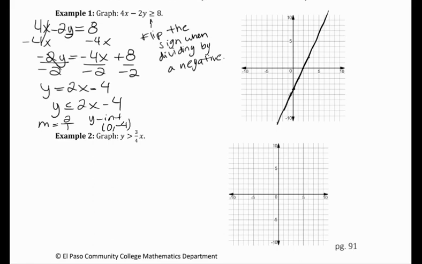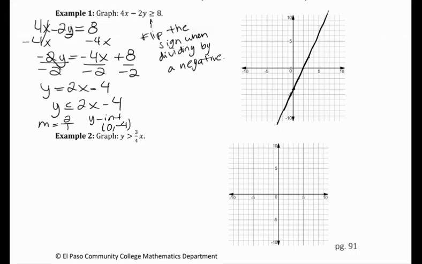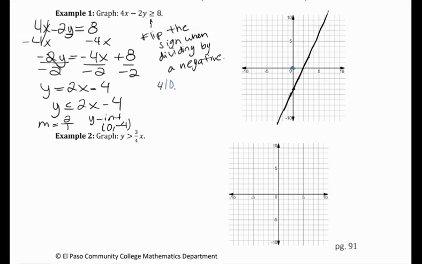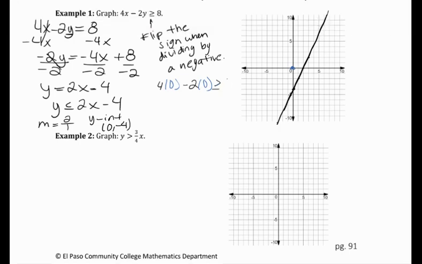Now the next step is to choose a test point in one side of the half plane. I'm going to choose the point 0, 0, and then we're going to check the point on the original inequality. So that's going to be 4 times 0 minus 2 times 0 is greater than or equal to 8.